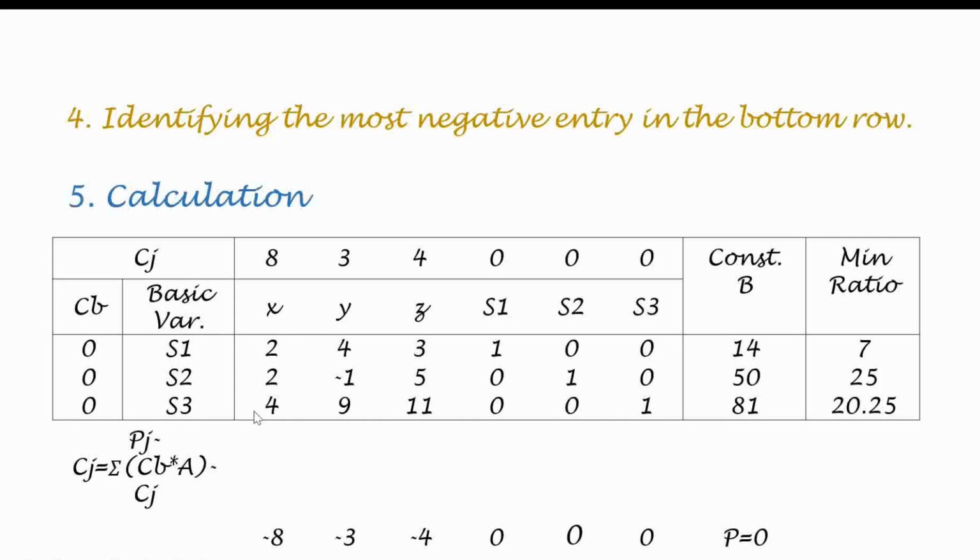So listen, this column, it has the highest negative value below there, -8. So it is our key column. And this row, it has the lowest minimum ratio, 7. So it is our key row. So our key column is this one, and our key row is this one.